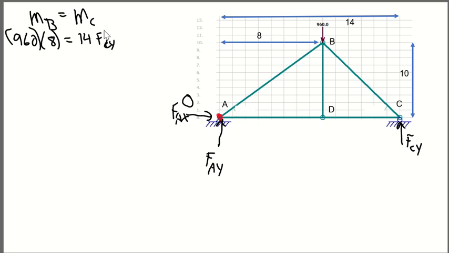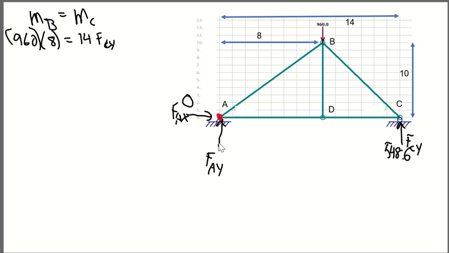Multiply these out and divide by 14, and let's see what I get. I get 960 times 8 divided by 14, and that gives me 548.6. So that would be this guy right here, 548.6 going upwards.